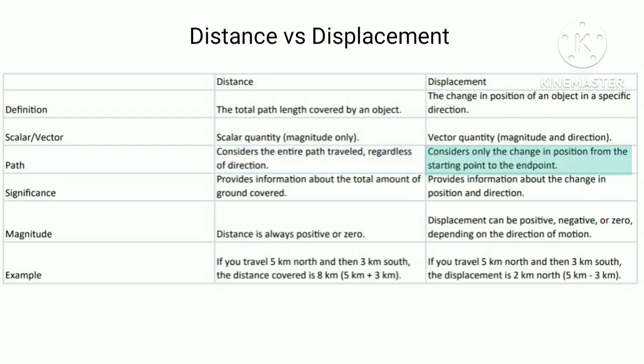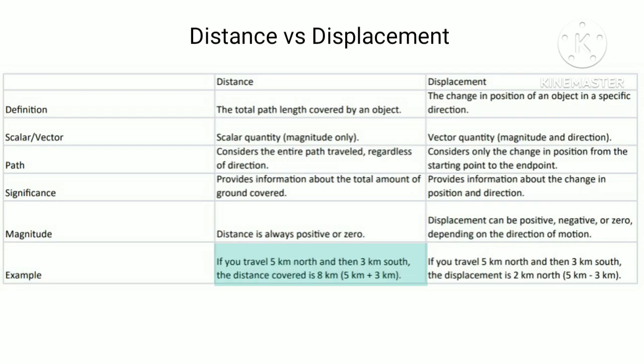Displacement considers only the change in position from the starting point to the end point. Significance: distance provides information about the total amount of ground covered. Displacement provides information about the change in position and direction. Magnitude: distance is always positive or zero. Displacement can be positive, negative, or zero, depending on the direction of motion.